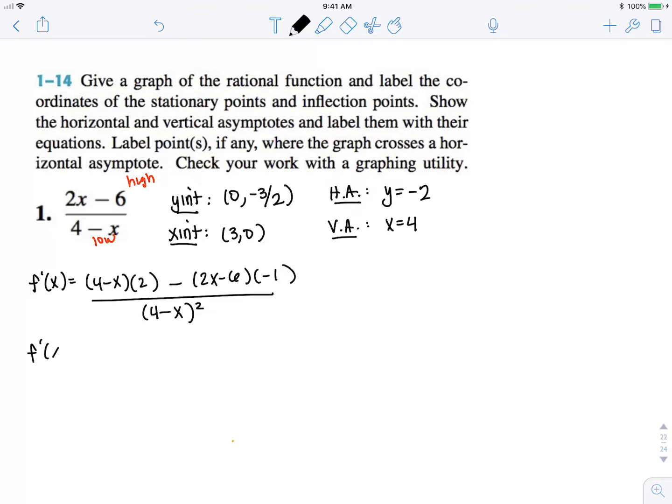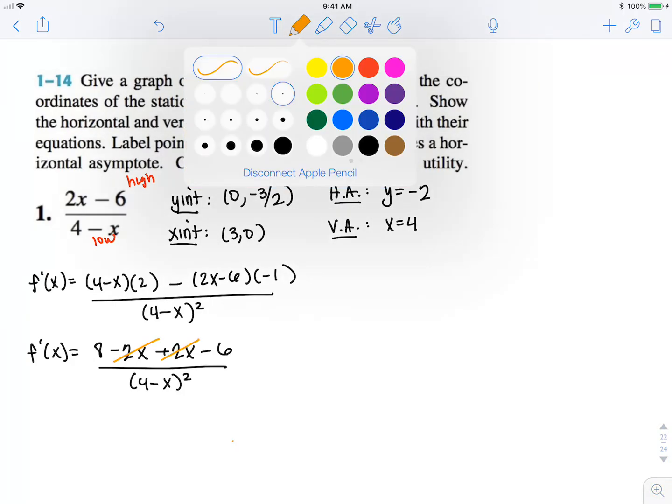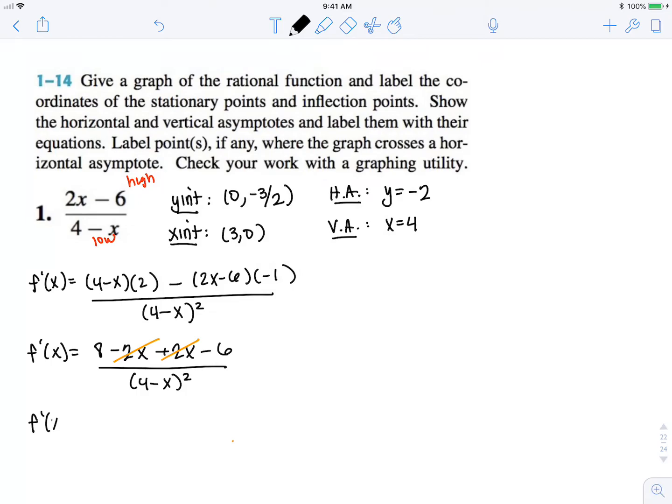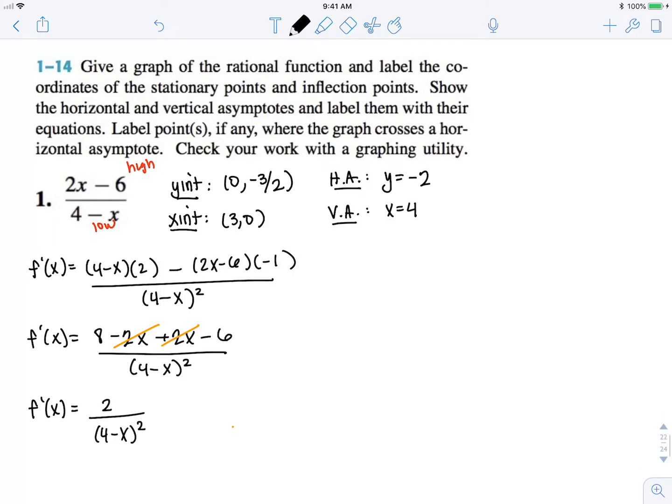So simplifying my numerator, I have 8 minus 2x, and then that's going to be plus 2x minus 6, all over (4 minus x) squared, and now the 2x's cancel. So our derivative is 2 over (4 minus x) squared.